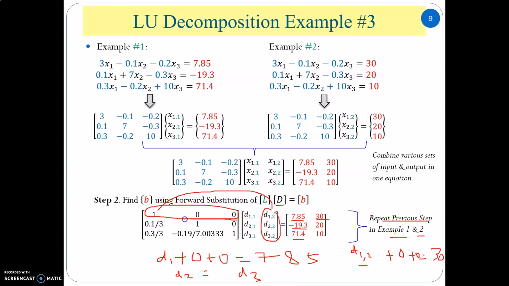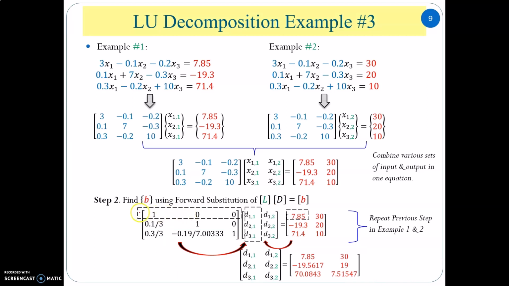And you continue with the second row, multiply with this column equal to 20, you can find the answer for D22. Lastly, take the third row, multiply with this column, and then you should be able to obtain 10. Then solve the D32. So with that, you obtain the answer for D12, D22, and D32 here.